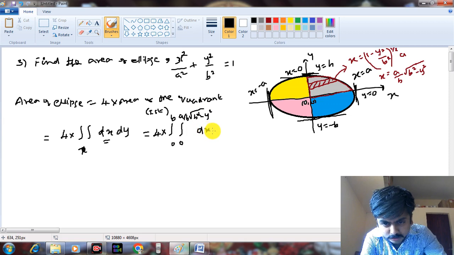There is no need to change the order. Here the question is not to change the order and evaluate. Our duty is to find the area using the given order.